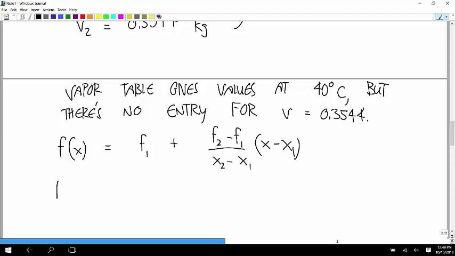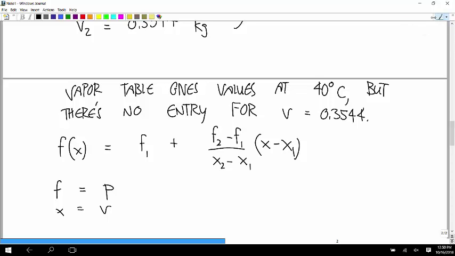And our F in this case is going to be the pressure. And our X is going to be specific volume, because that's the given one.